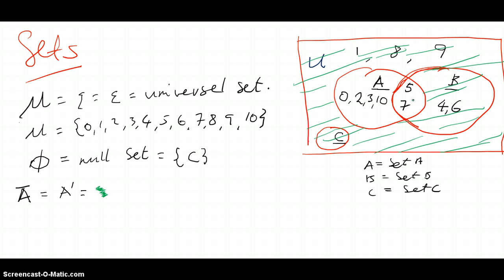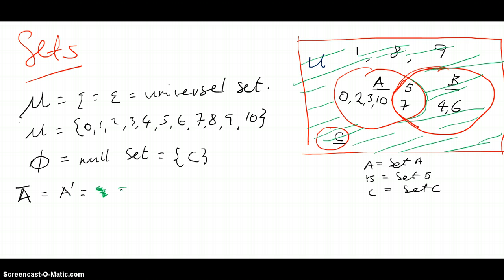You don't shade in this part, the reason being that this part here is actually still part of set A, and we're concerned about everything that's not in set A.